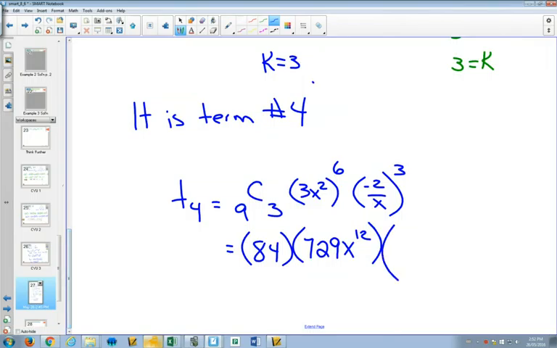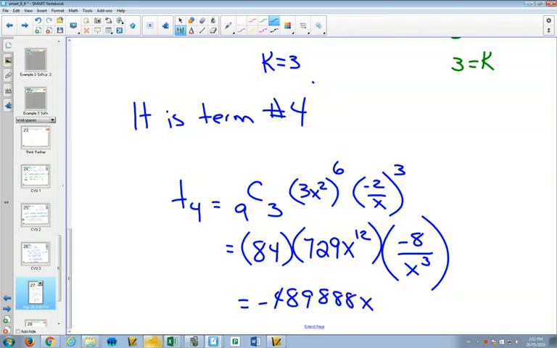Negative 2 cubed will be negative 8 over x cubed. And once you've figured them all out separately and just have numbers, then you can go 84 times 729 times negative 8. Negative 489,888. X to the 12 divided by x to the 3 will leave you with x to the 9.